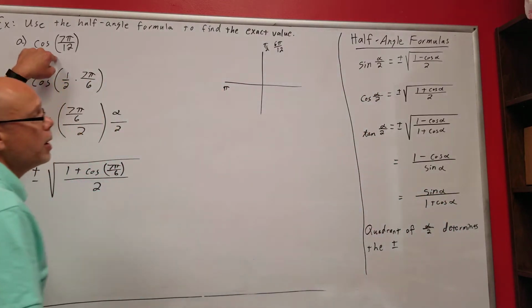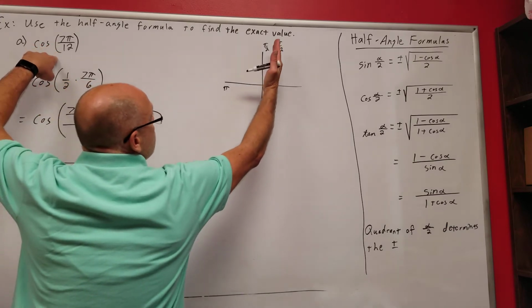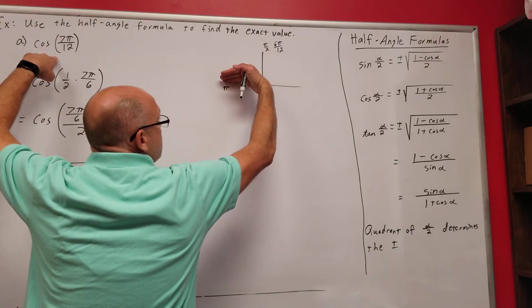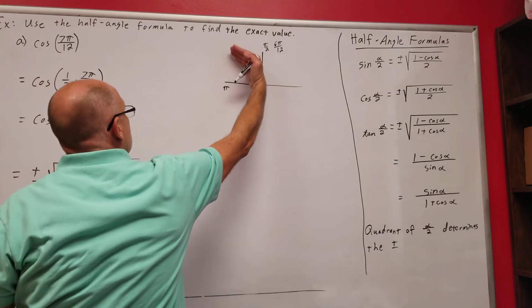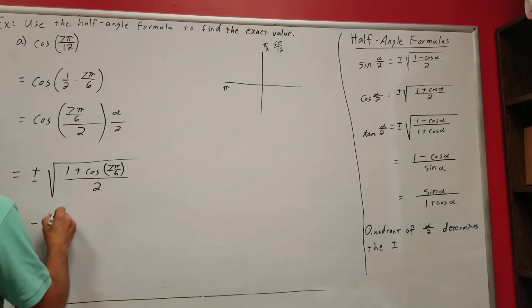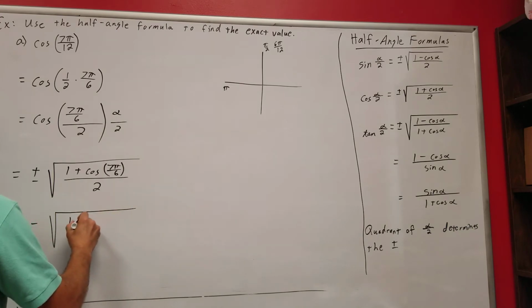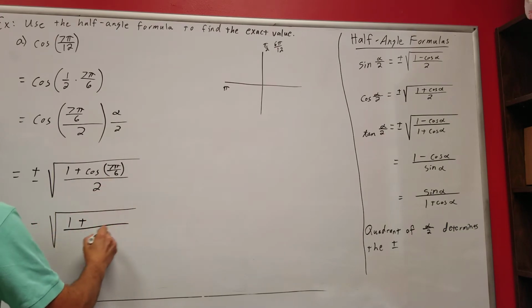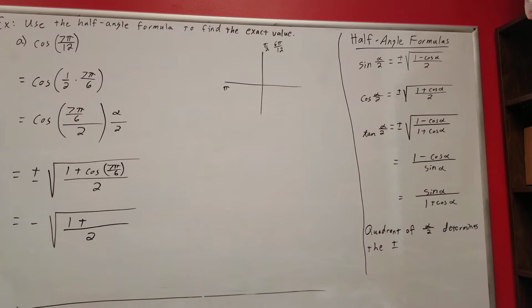So where does 7 pi over 12 lie? Between 6 pi over 12 and pi. So we're in quadrant 2. What is my cosine in quadrant 2? It's negative. So I'm going to use negative square root of 1 plus the cosine of that over 2.